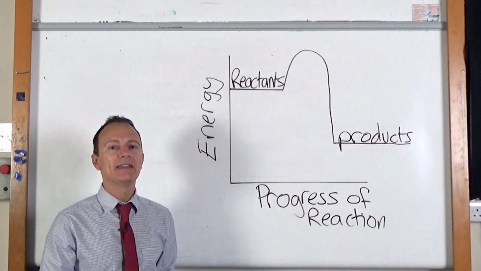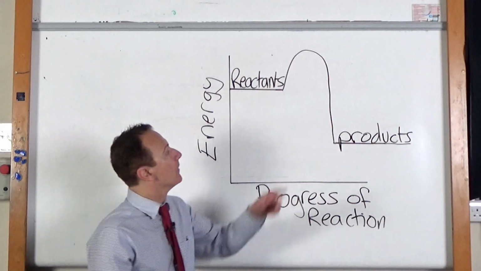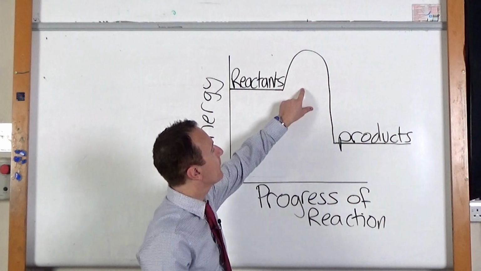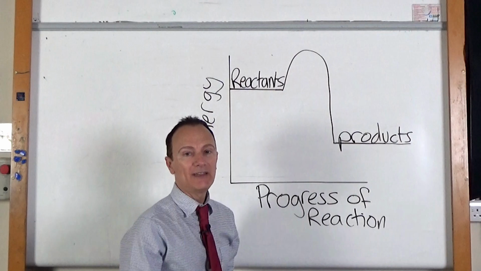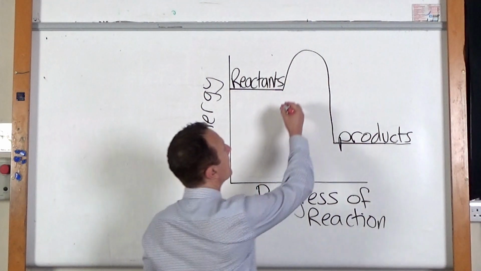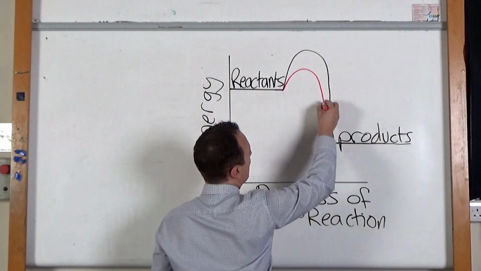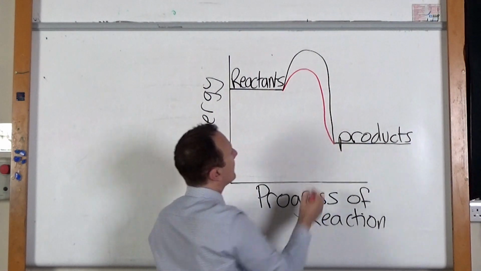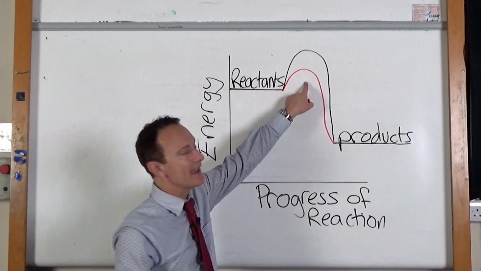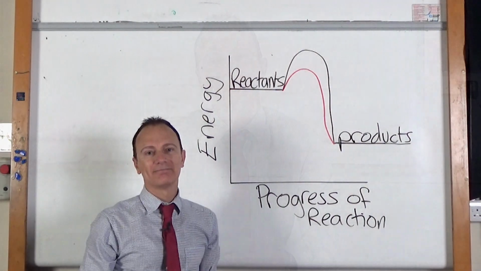And the key thing you need to remember is that catalysts lower the activation energy. Well, the activation energy would be from here to here. So we need to draw a line that is lower. So I'm going to draw it on now in red for with the catalyst, and we can see we've got a lower activation energy, which would be this bit here, but it starts and finishes at the same point.